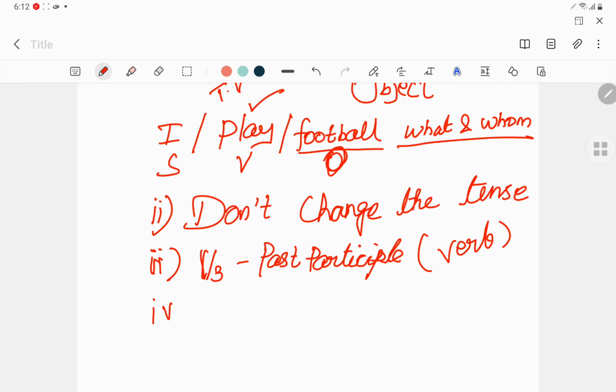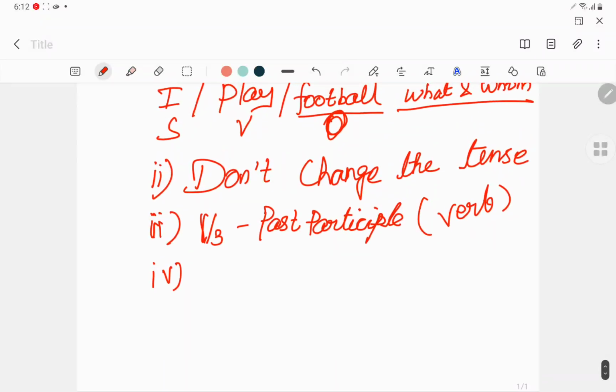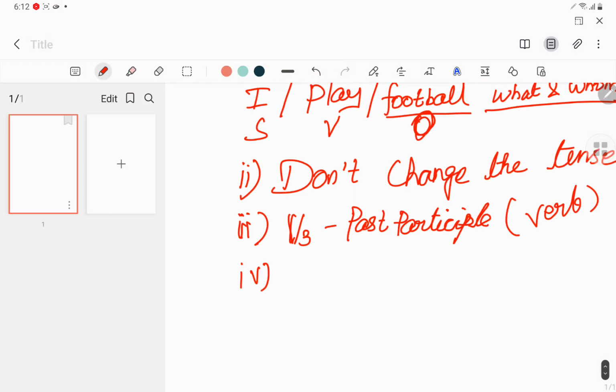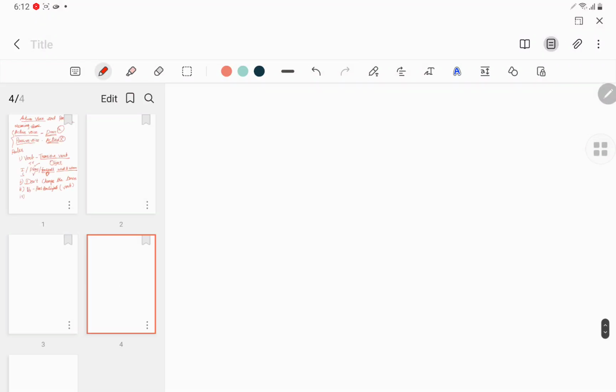And then the fourth rule: we can change the words.